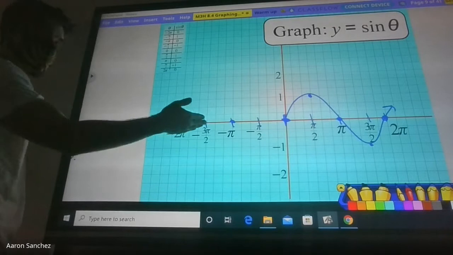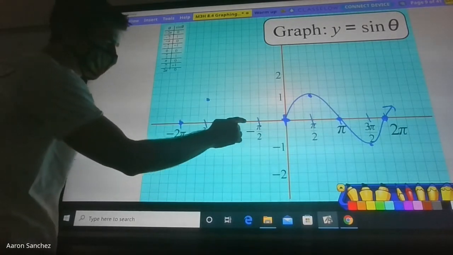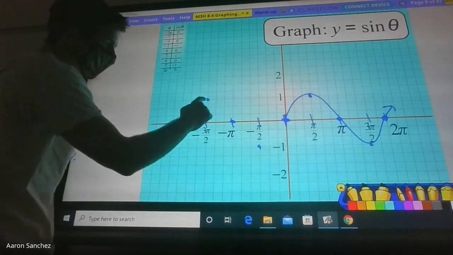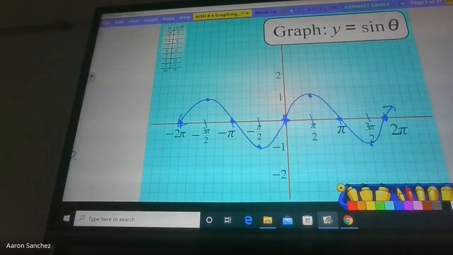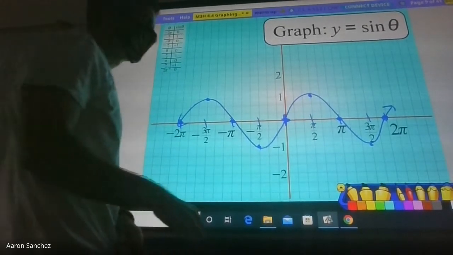Then starting from here, go 1 above, and then 1 below. That's all you got to do: middle, 0, 0, above, below. After all that, oh, I almost tripped. Now, let's go.